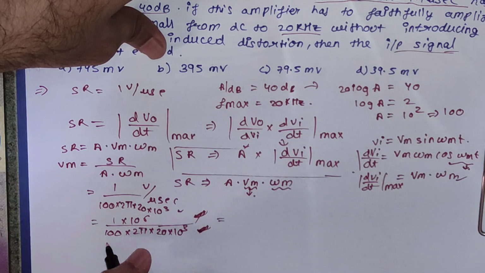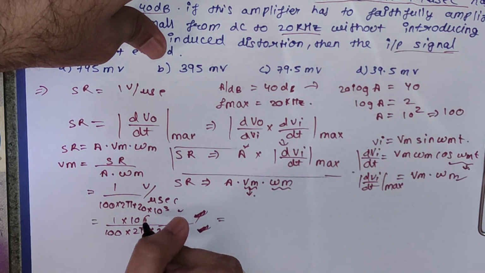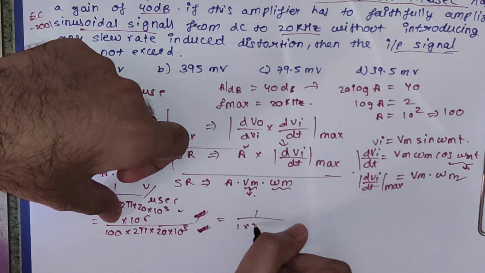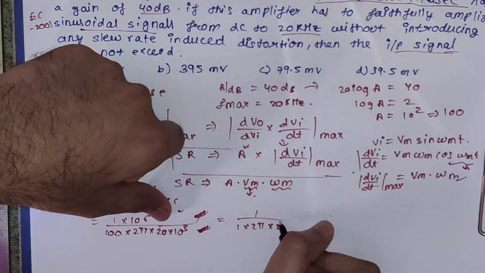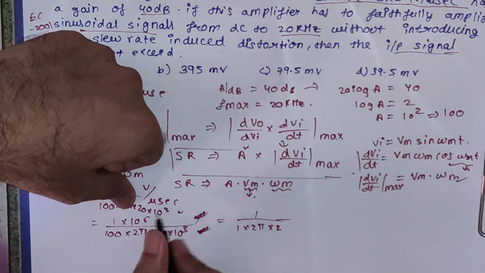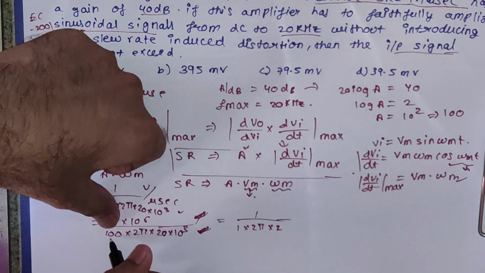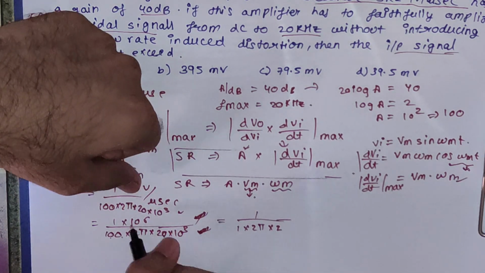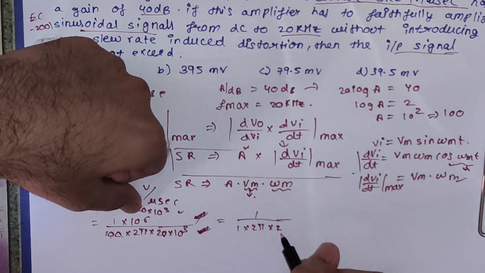Now if you try to simplify, you will get zeros: 0, 0, 3 and 6. So you can cancel this 10 raised to 6. It will be 1 upon 1 into 2 pi into 2. What I have done is just remove all the zeros. You can see 1, 2, 3, 4, 5, 6 zeros there, so you can cancel them with this 10 raised to 6 and you remain with this term.